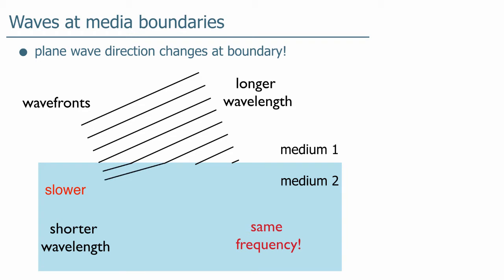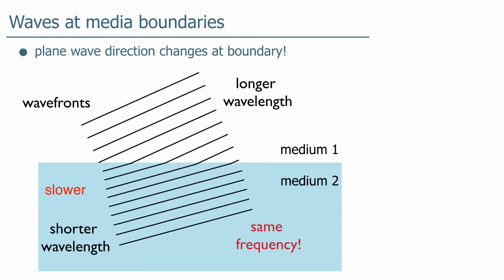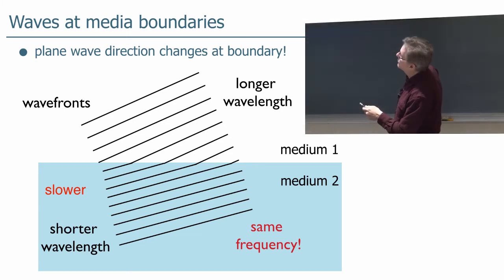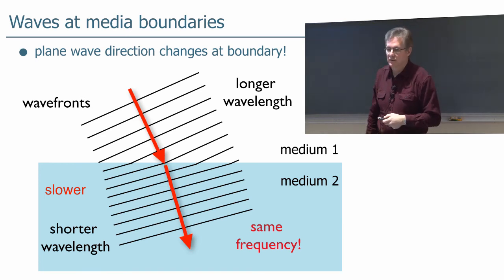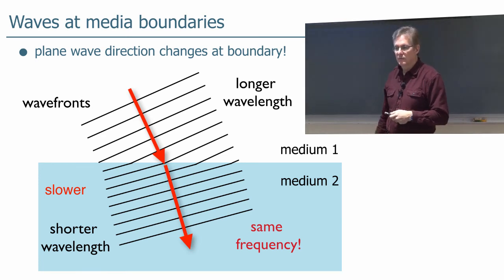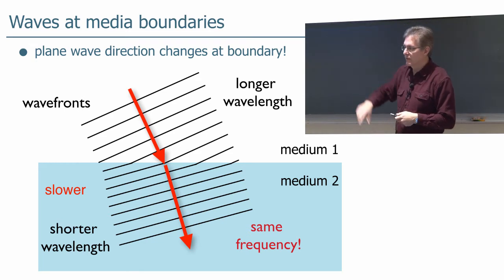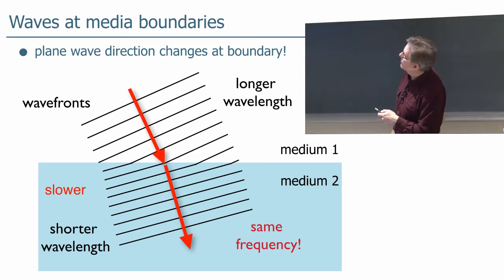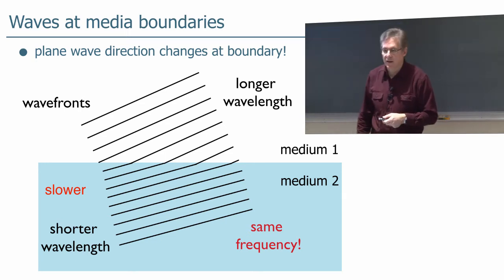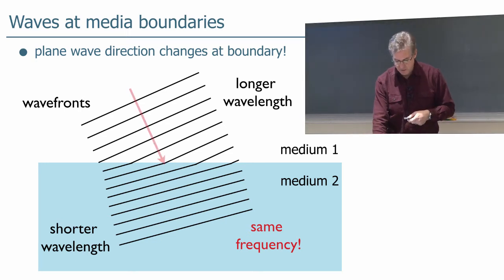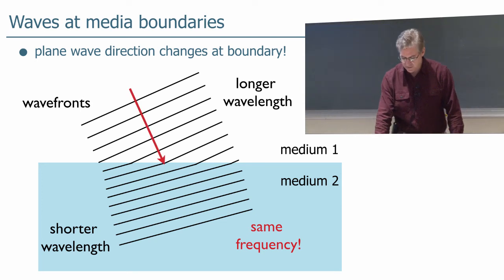The frequency is the same, but in order for the wave crests inside the medium, where light is moving more slowly, to match up at the surface here, here, here, and here, it has to be bent. So the light coming in here changes its direction once it gets inside this new medium where it slows down. In fact, you could calculate the direction that it changes. If you know how much it's slowing down here compared to here, you could calculate how much that bending is. And we will use the result of that calculation in a second.